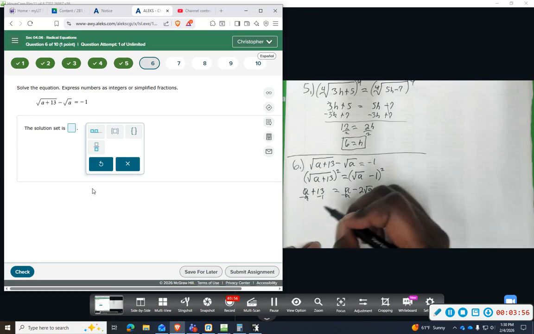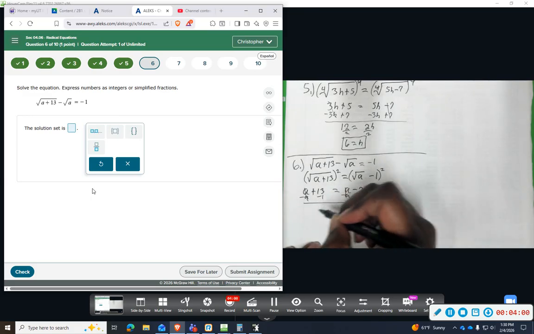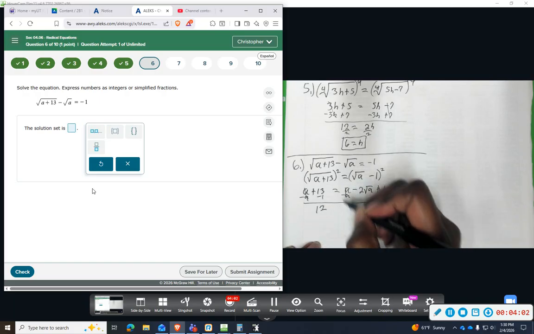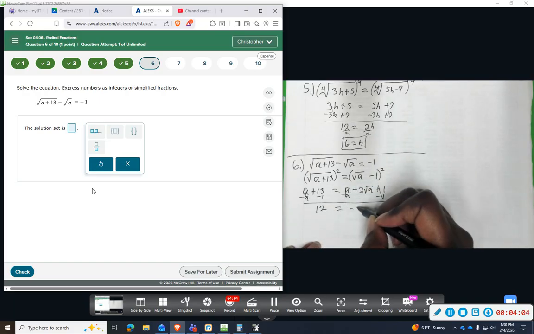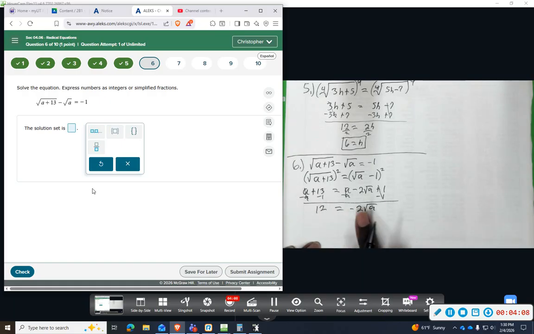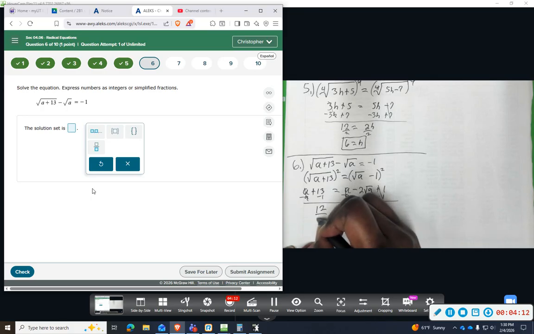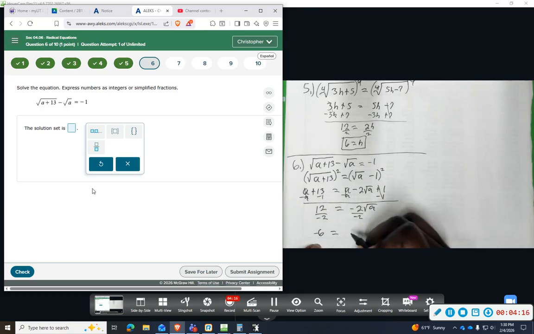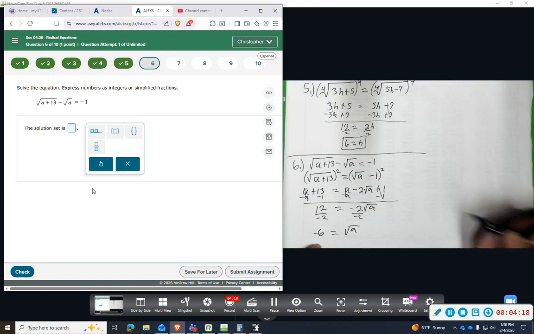Positive 1, negative 1 zeroes out. 13 minus 1, 12 equals negative 2 square roots of a. Since 12 is divisible by 2, I'll go ahead and divide the negative 2 off. And that's going to leave me with negative 6 equals square root of a.